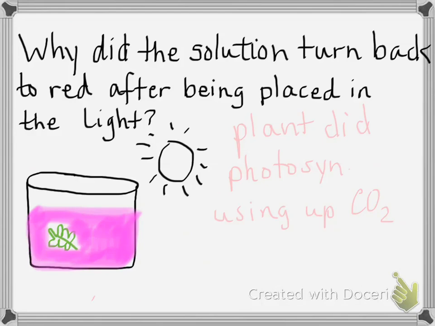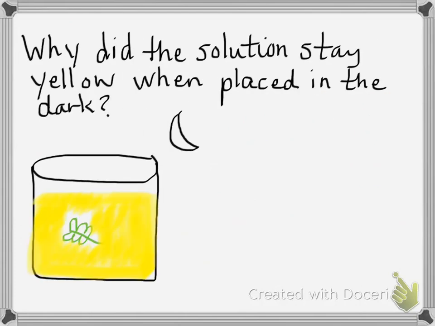Okay, why did the solution stay yellow when we placed it in the dark? That's supposed to be a moon, in case you don't know what I'm drawing there. We're in the dark here. And we put the beaker in a drawer, but I can't draw a drawer with a beaker in it, so I just put the moon there.